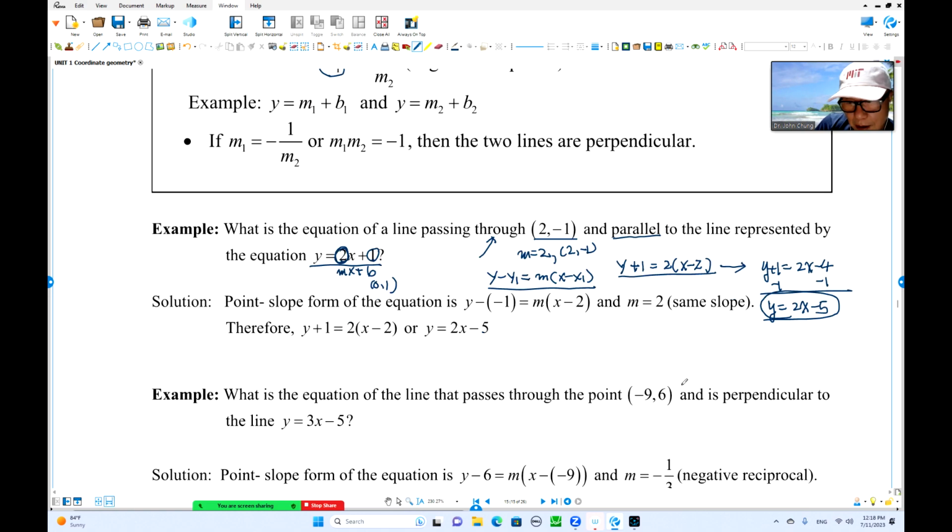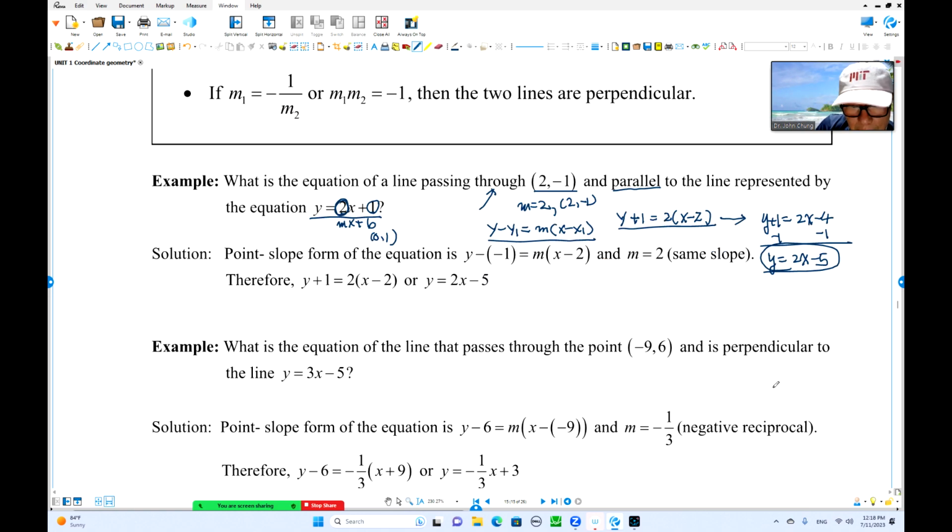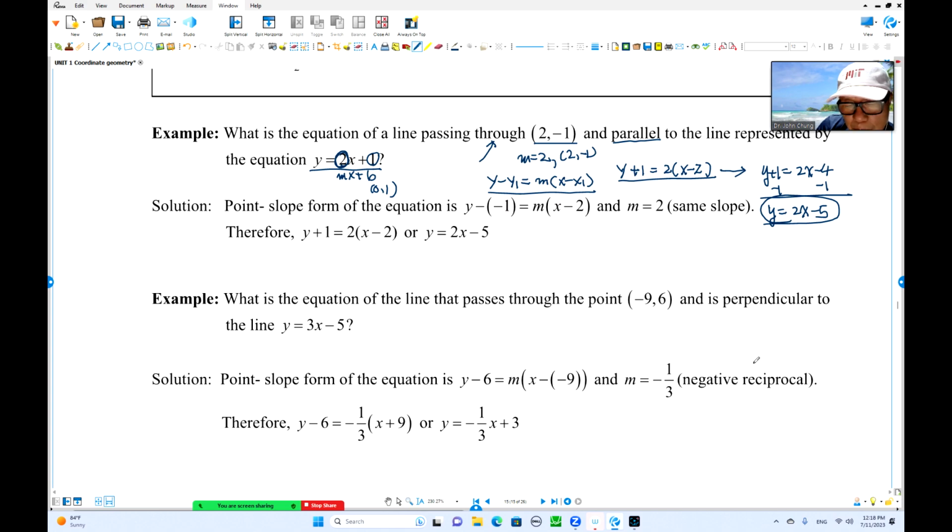Okay. Now the next example is perpendicular. For perpendicular, the slope must be the negative reciprocal of the other one. This is perpendicular to this one. Anyway, this is the slope. So the other slope will be the negative reciprocal, right? Negative 1/3, isn't it?